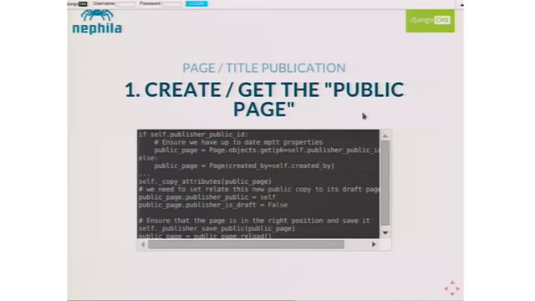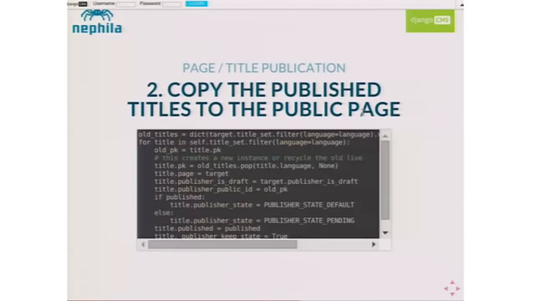And then you save, and this save will eventually adapt all the tree information on the page. Now you have the live version of the page up to date with the draft one.